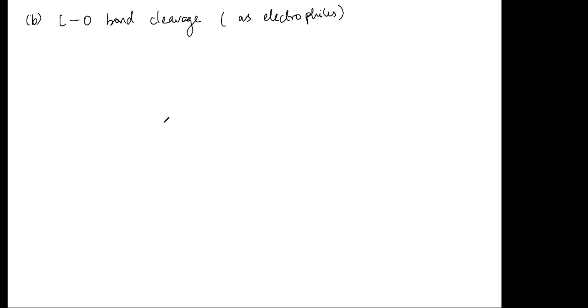Now, this particular nature is shown only by alcohols. You won't find any phenol showing this kind of reaction. Can you guys think of any reason why? Like why is it difficult to cut the CO bond in phenols?